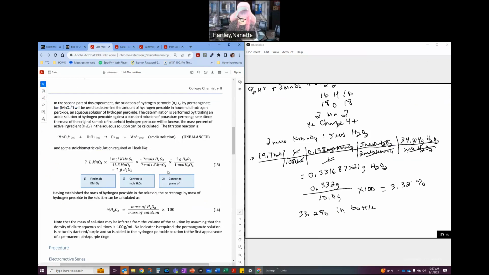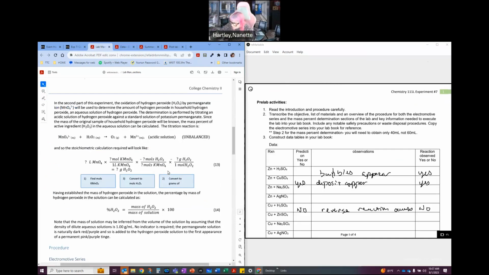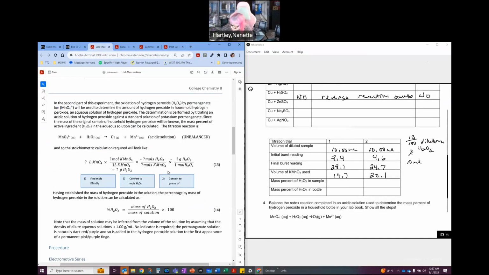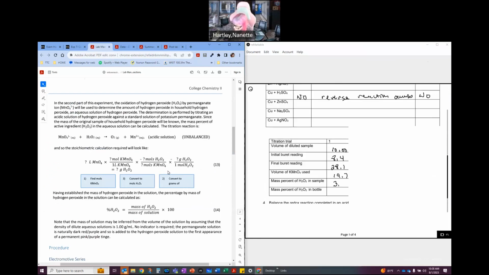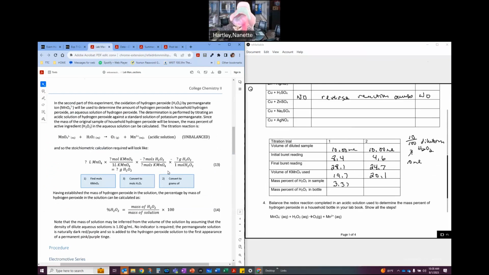All right. Now, in terms of other things that we need to do for this, the mass percent of the H2O2, and I've only done one in the sample, is then 3.32% and then 33.2%.